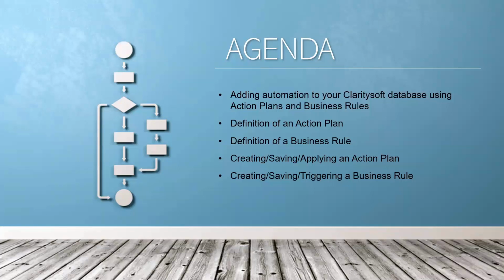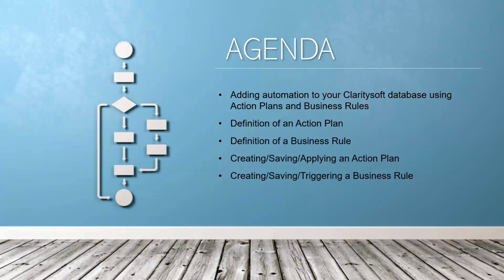Then maybe within 7 to 10 days, you want them to do a follow-up call or email, and then perhaps another follow-up. And so these are activities that can be bundled together, saved under a new lead action plan, and then applied each time you have a new lead entered or created.